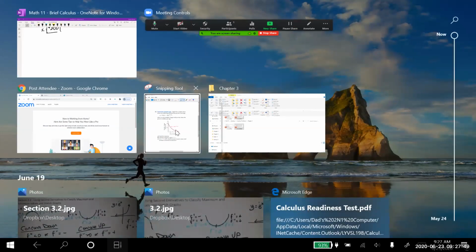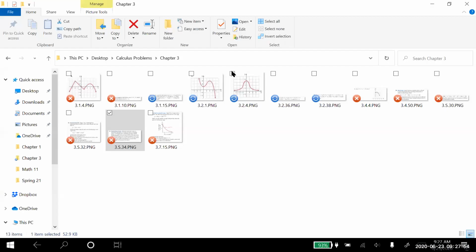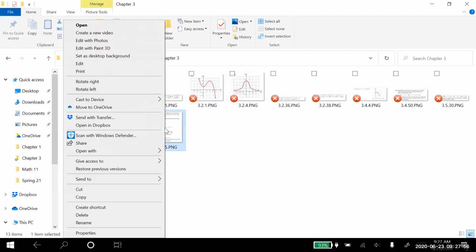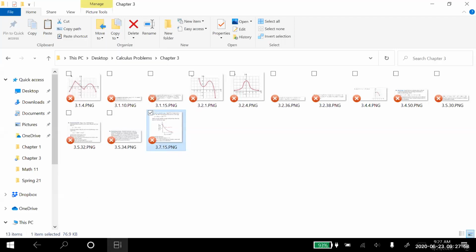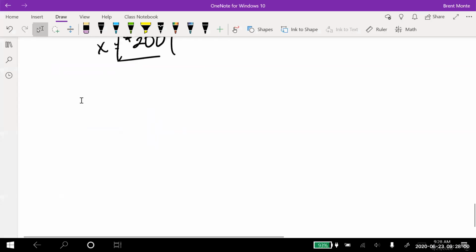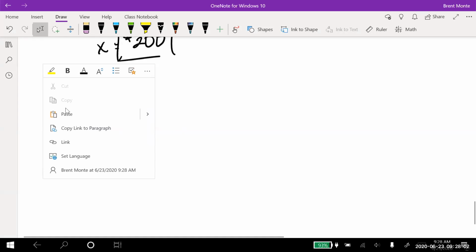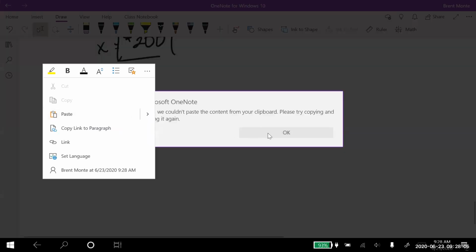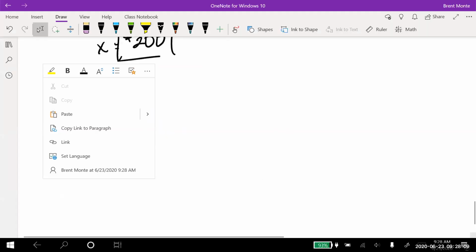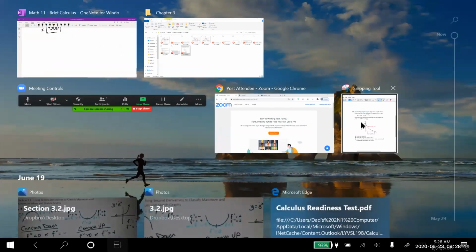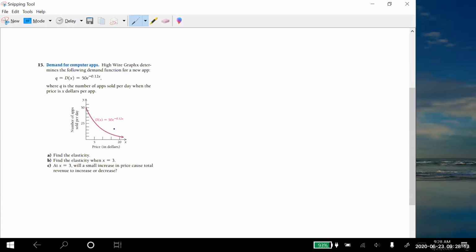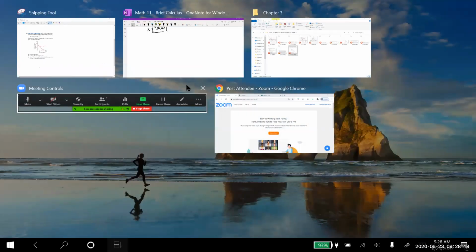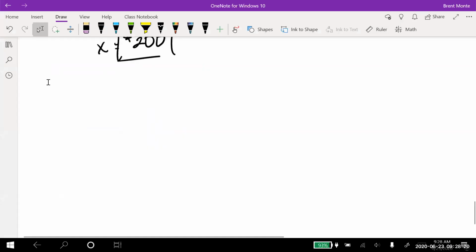It's this problem right here, problem 15. Let's just go to the snipping tool. So there's the problem. We'll copy it there and paste it in here.